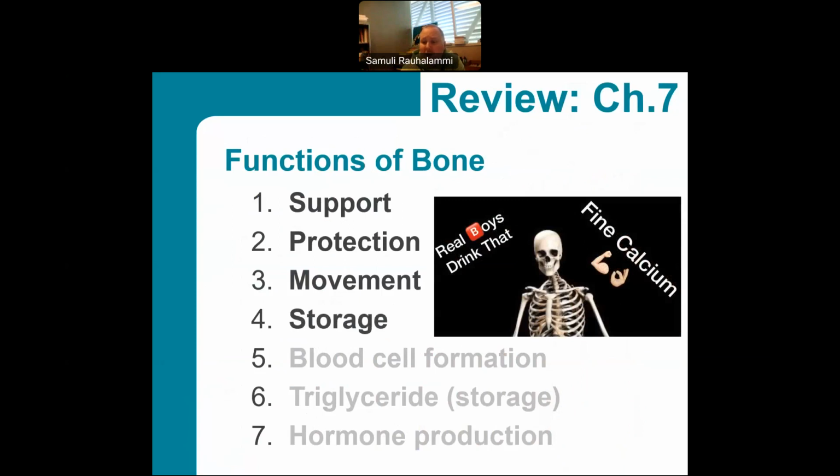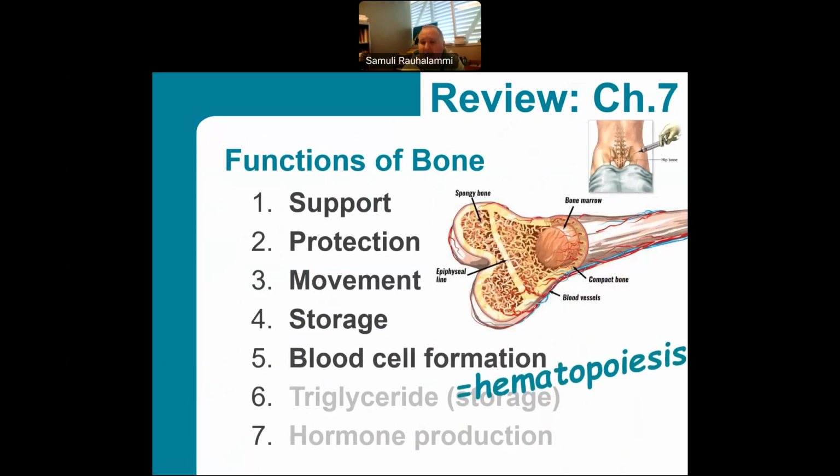Bones are a great location for storing things like calcium and phosphates. We can store and release them as needed in the body. The process of hematopoiesis, production of the blood cells, takes place within the long bones, especially at the bone marrow. The red bone marrow is super important for that. That's why we sometimes see bone marrow transplants for those patients who are unable to produce the blood cells themselves.